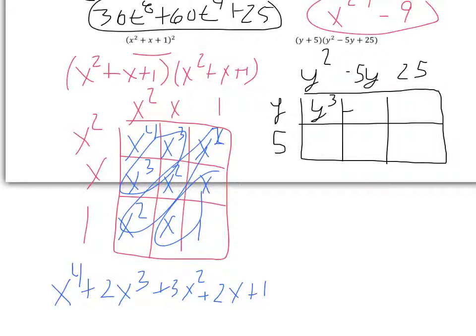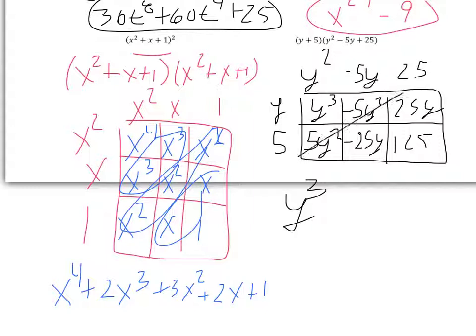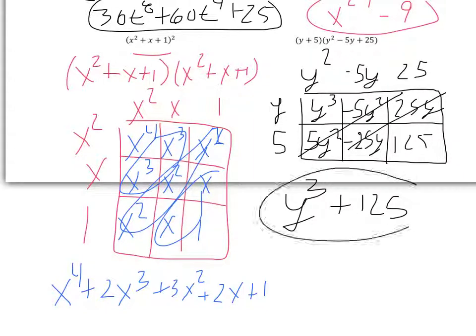Our y times our negative 5y is negative 5y squared. 25 times y is 25y. 5 times our y squared is a positive 5y squared. 5 times our negative 5 is negative 25y. And 5 times 25 is 125. So writing this in descending order, we have a y cubed. Those cancel. Plus 125, and that's that.